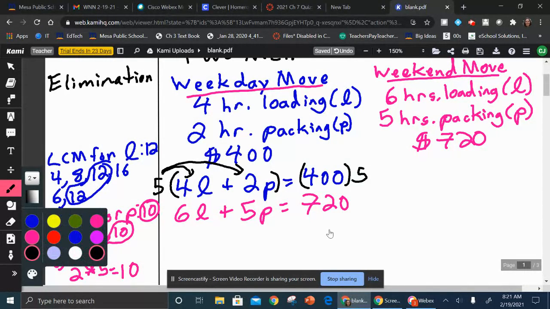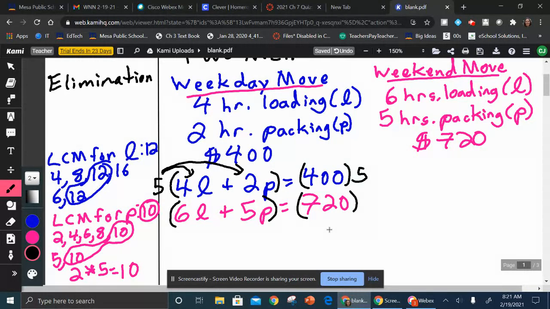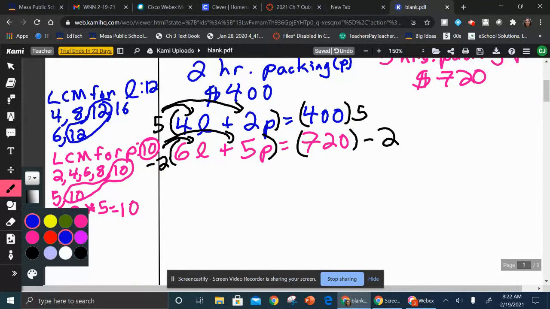And then on the bottom one, I'm going to use a negative number, -2. So we're going to multiply. I'll bring those down.